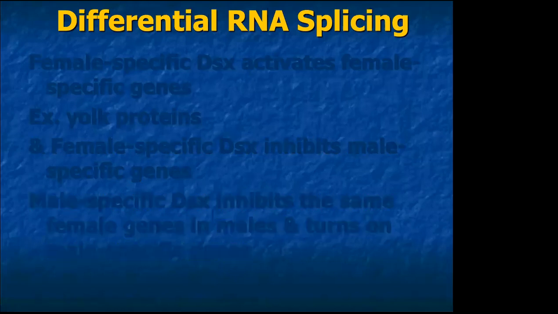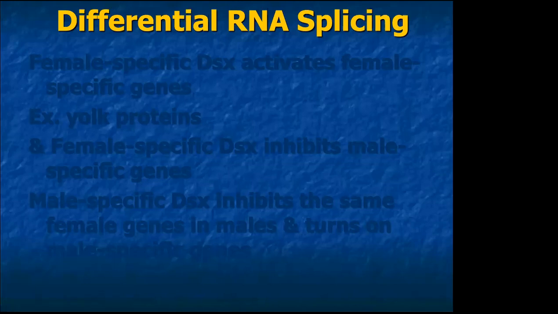So in this way, alternative splicing: first you have a counting mechanism to determine the ratio between X chromosomes and autosomes. That determines whether or not sex-lethal protein is transcribed. If it is transcribed, you have a 1-to-1 ratio of autosomes to X chromosomes, which is going to result ultimately in the female phenotype. If autosomes dominate, you're going to inhibit the transcription of sex-lethal.